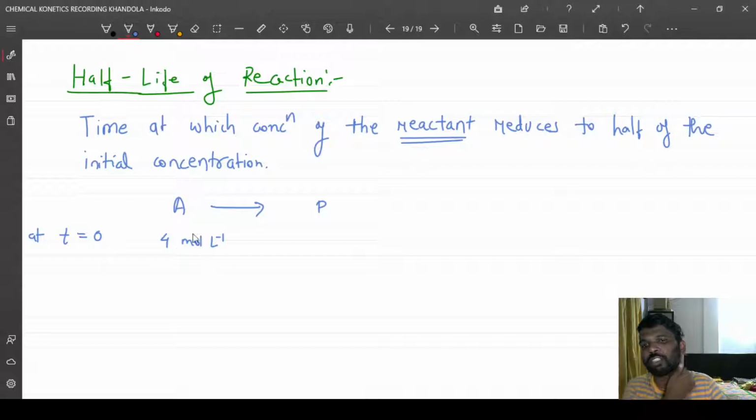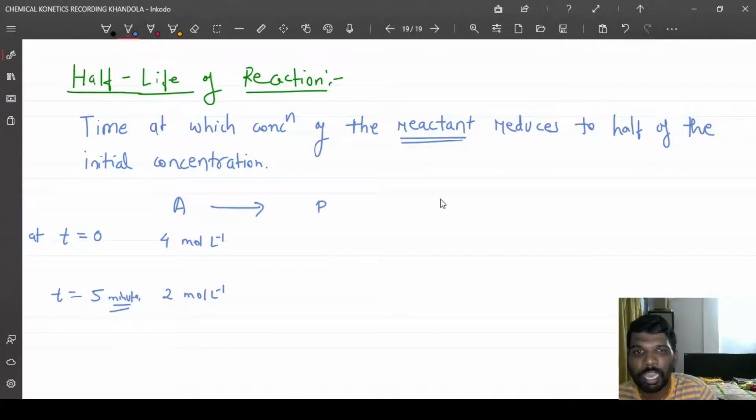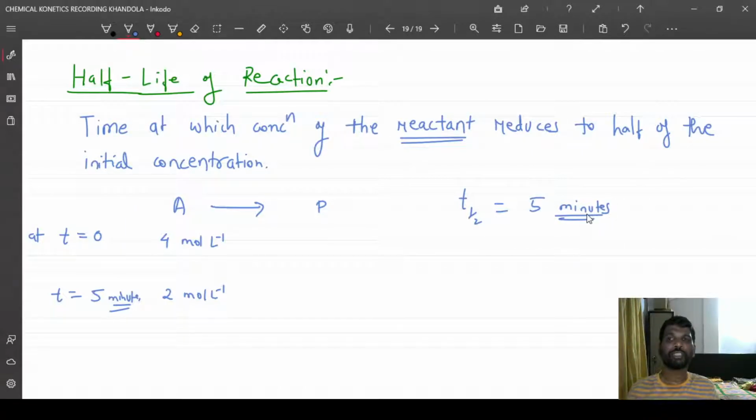This is the unit of concentration. It becomes 2 moles per liter after, let's say, 5 minutes. So t half for this reaction is 5 minutes. It is not the concentration, but the time at which the concentration of the reactant reduces to half of its initial concentration.